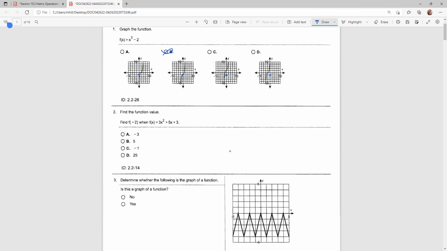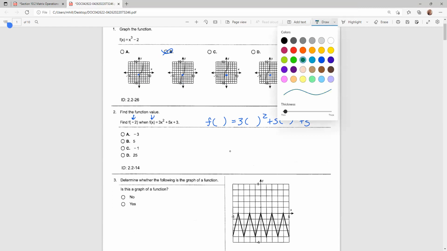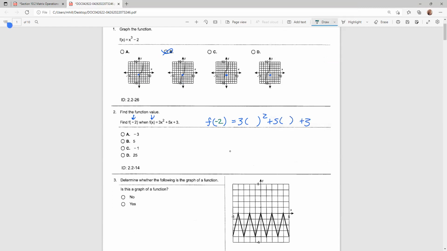Number 2 is asking you to plug in -2 wherever you see an x. So if they want you to do f of -2, you would basically leave all of your x's blank. I like to put parentheses there because it keeps me from making mistakes when I type it in my calculator.